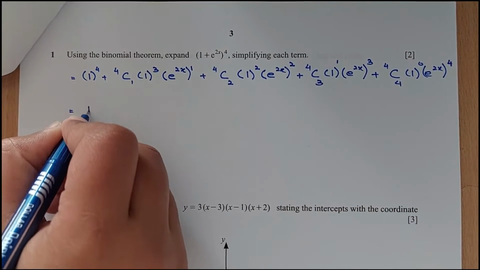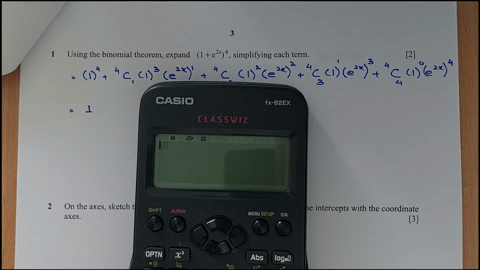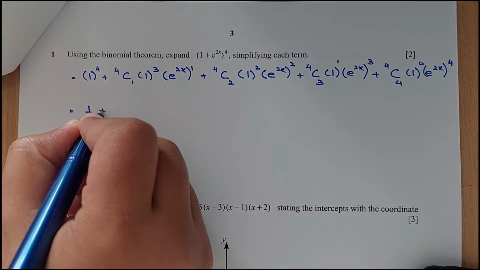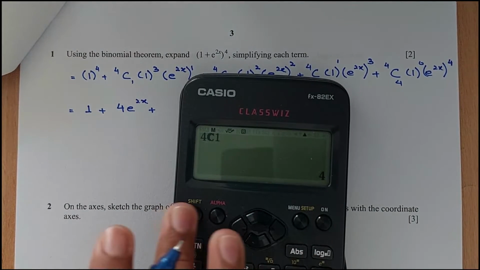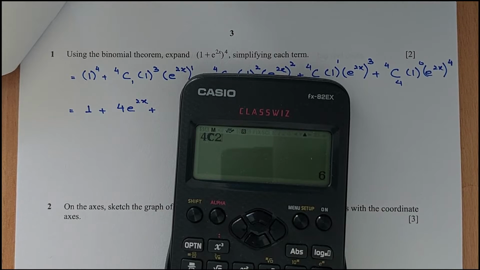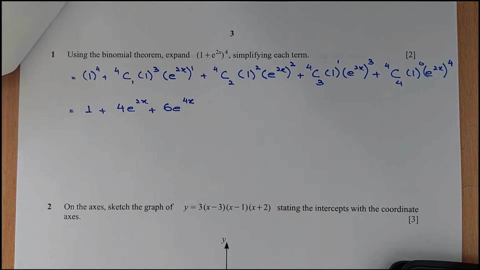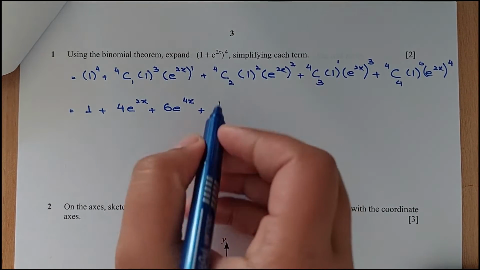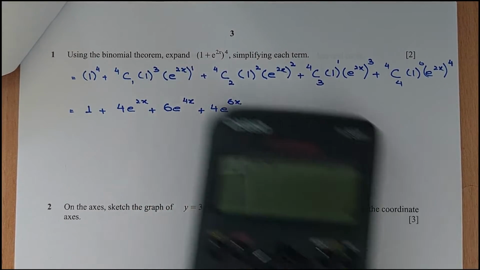Okay, so 1^4 is just 1. What is 4C1? Let me check. 4C1 is 4, so plus 4e^(2x), plus 4C2. 4C2 is 6, 6e^(2 times 2 is 4x), plus 4C3. 4C3 is equal to 4, and this is e^(2 times 3 is 6x), and 4C4 is, I guess, 1.